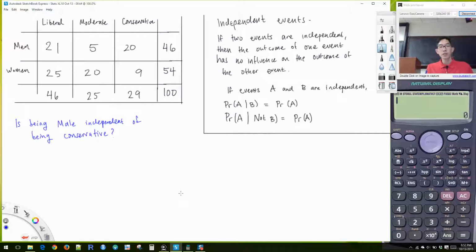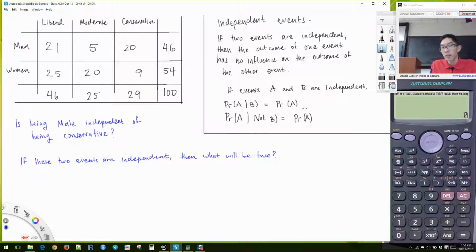All right, so if they are independent, then what will be true? If these two events are independent, then what will be true?